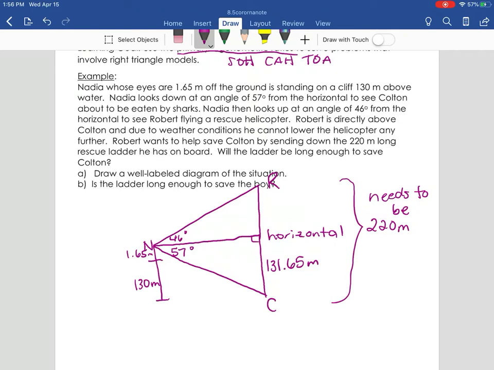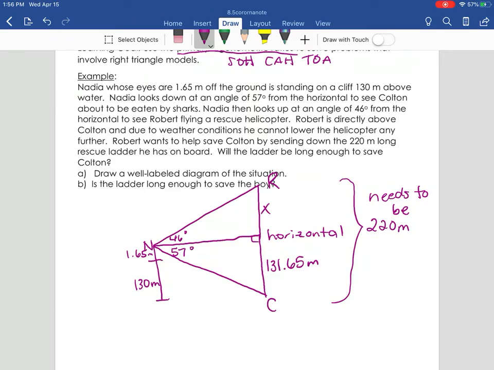We have the 131.65 from the horizontal to C, but we really need this part here, from the horizontal to R, or Robert, or the helicopter. That's the piece that we are missing.